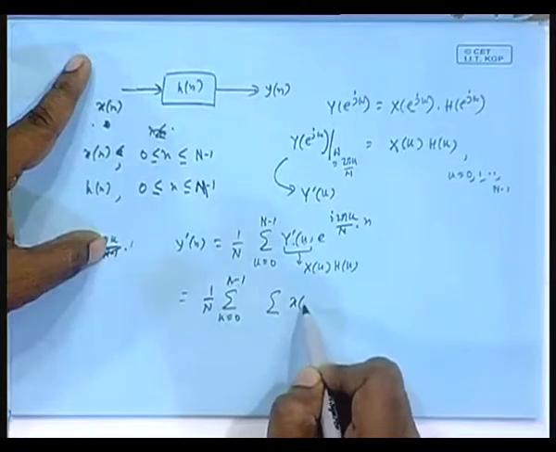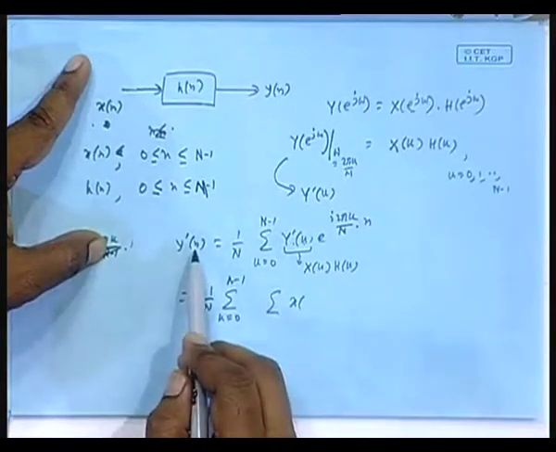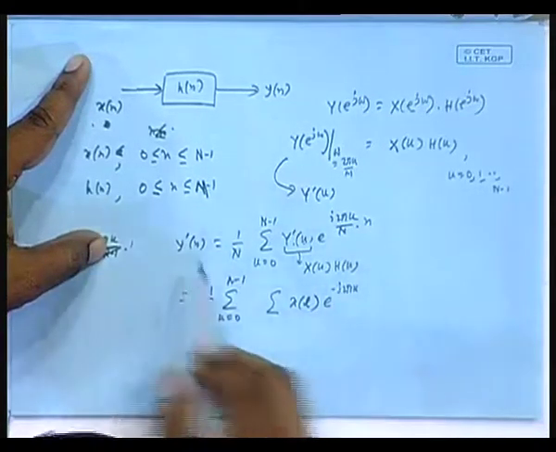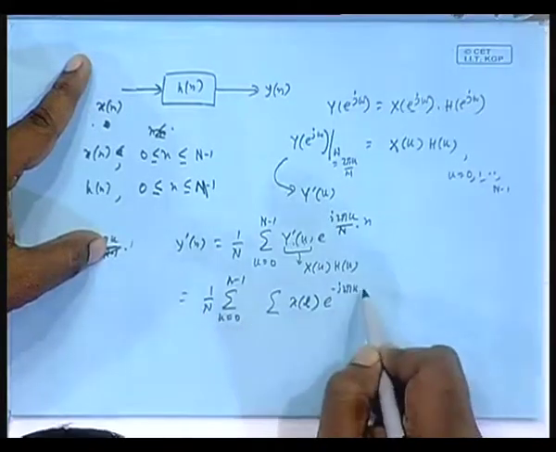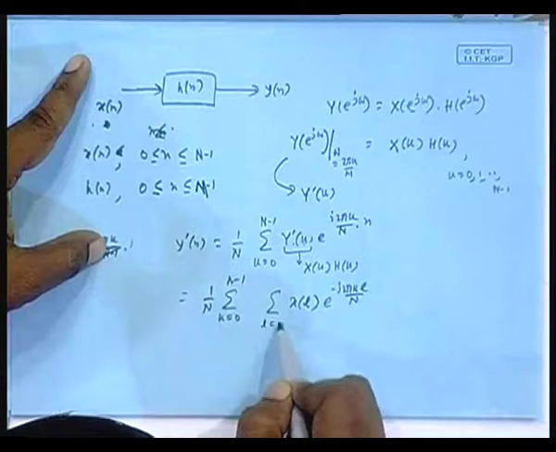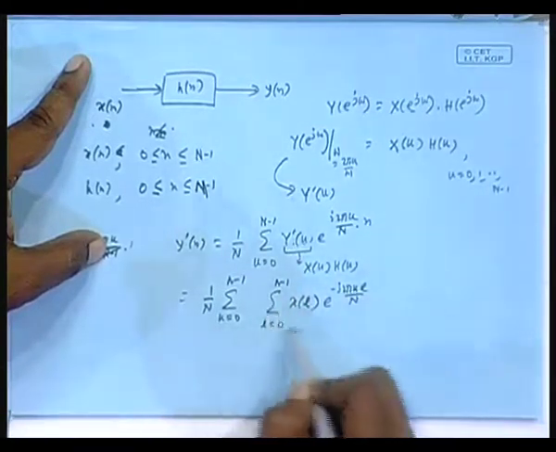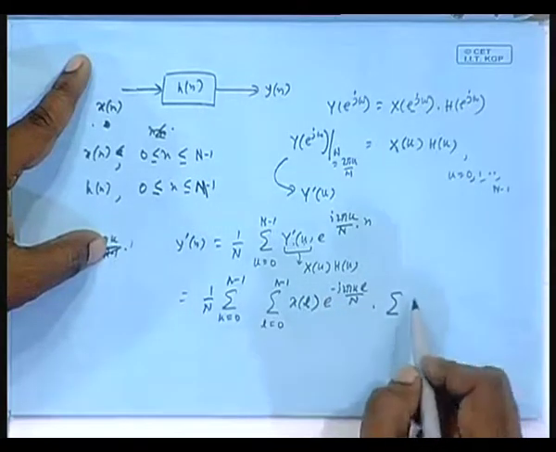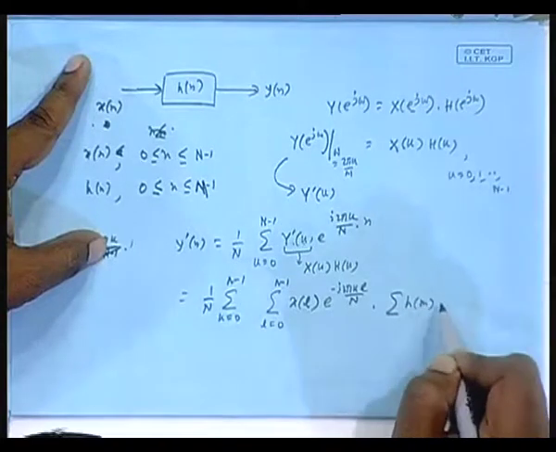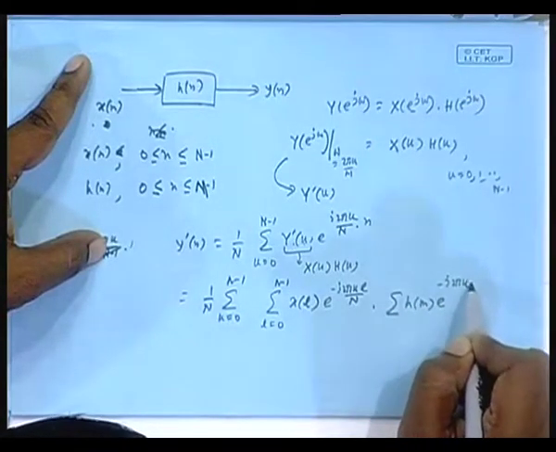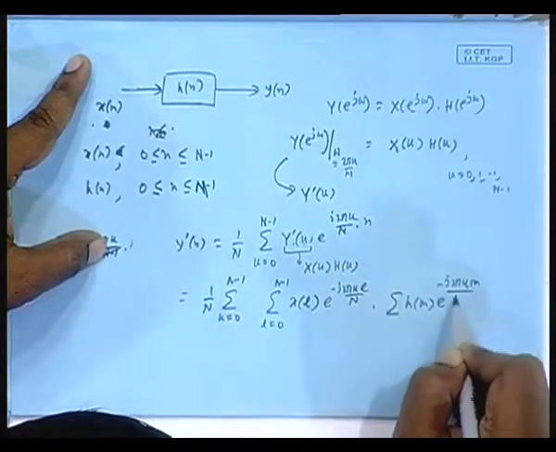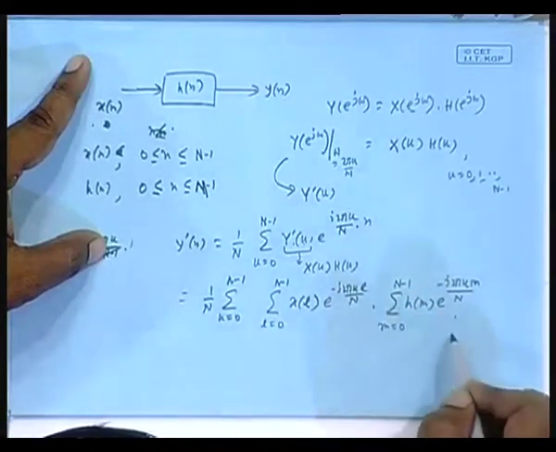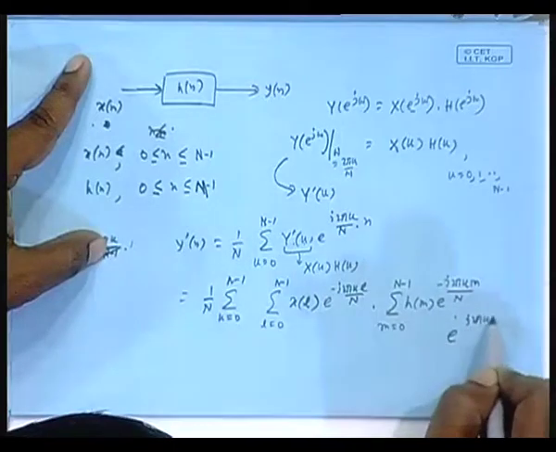This is X[k], do not use n here, n is fixed by your choice, so use x[l], e to the power minus j 2 pi k l by N, l from 0 to N minus 1, this is your X[k]. We are sampling the DTFT of x. Similarly here H[k], same thing, but use another index h[m]. So X[k], H[k], and this other term e to the power j 2 pi k n by N.